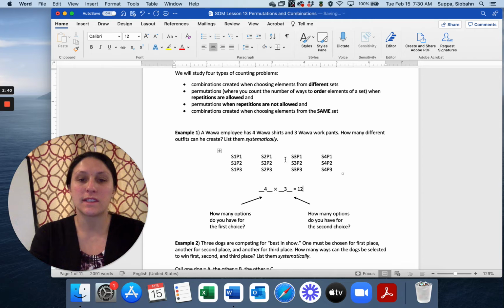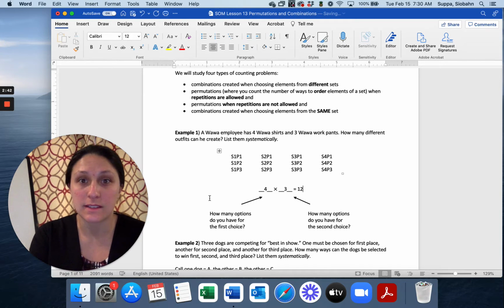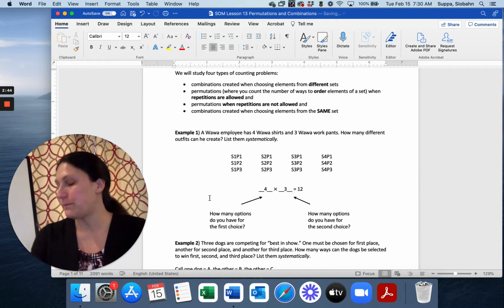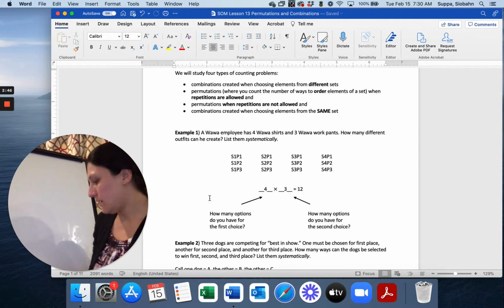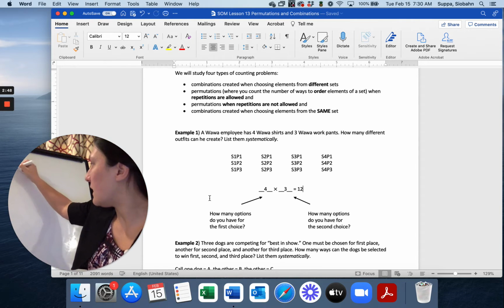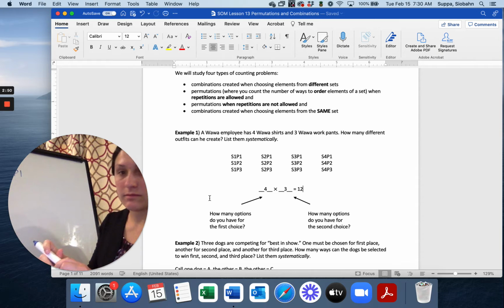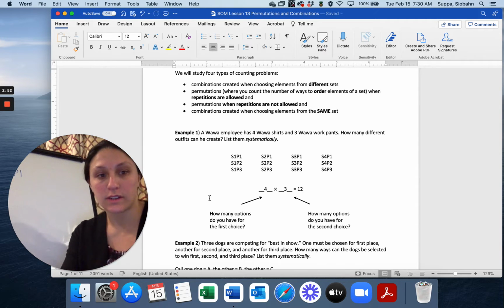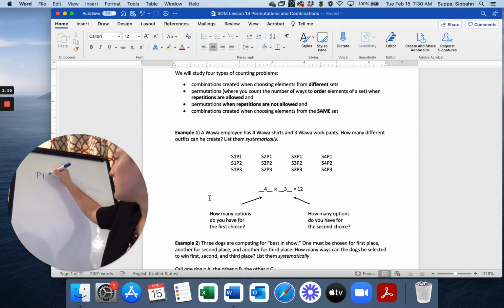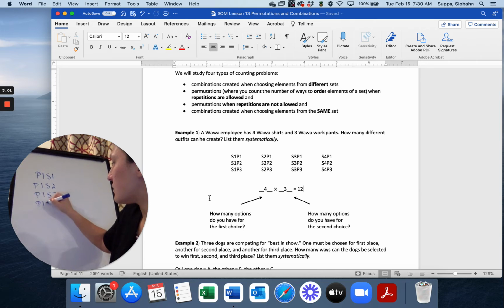Now you could have done the same kind of system, but with pants instead, right? So you could have done pants 1, and then because you have 4 shirts, you could list each of these with each of your shirts. Pants 1, shirt 2. Pants 1, shirt 3. Pants 1, shirt 4.